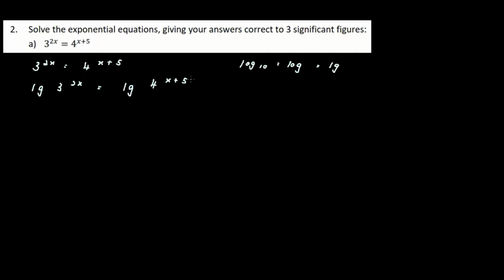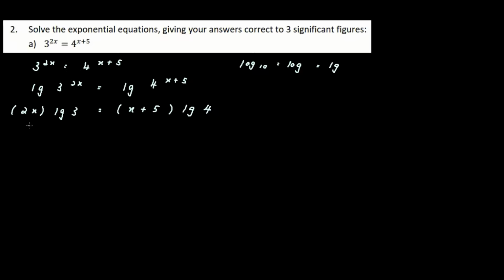So when we want to continue to solve this, we can use the power law that we have learned previously. So try to bring the power in front. So x plus 5, then I have log 4. Alright, so the next thing that you need to do is group them together, or you can expand it.